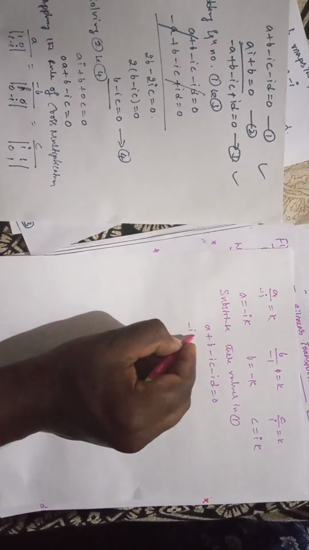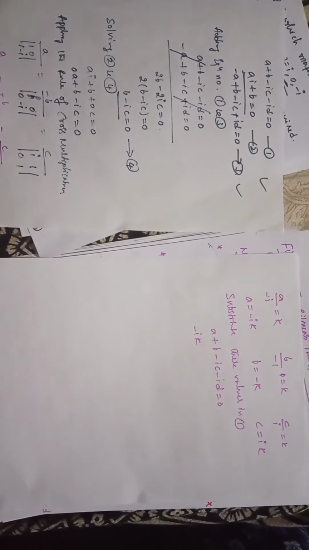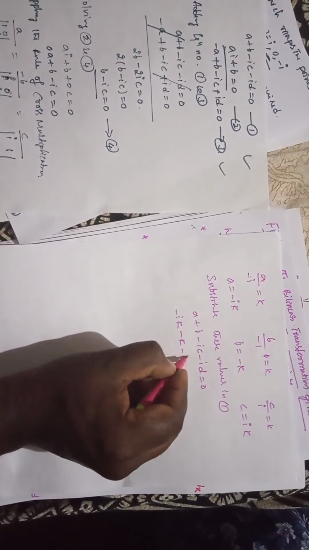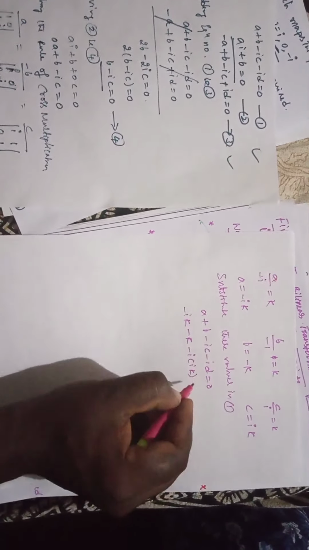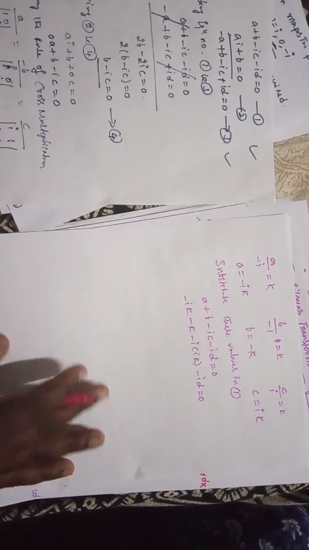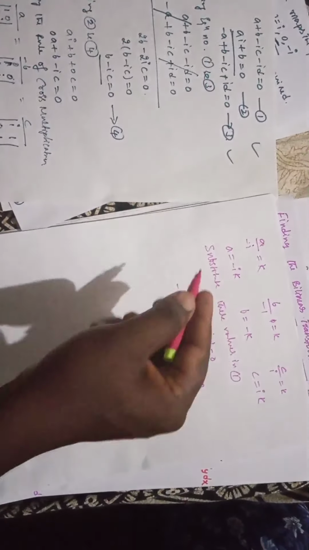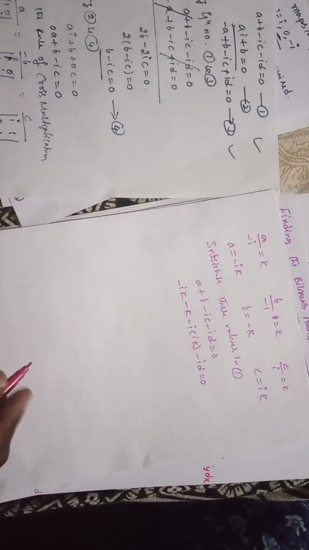A is minus ik, b is minus k, minus i into c, which is i into k, minus id equal to 0. Here we have to find the value of d. For that, substitute this in equation number 3.